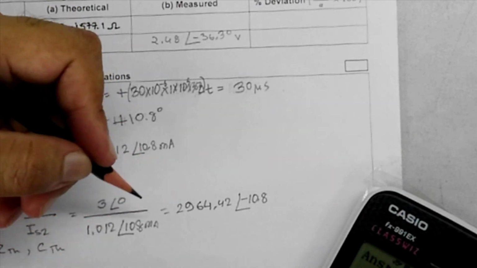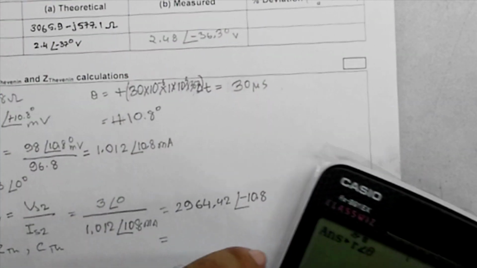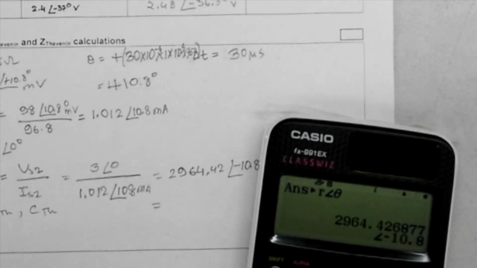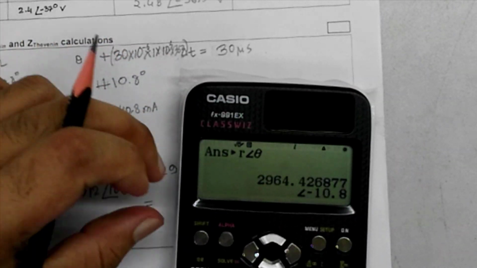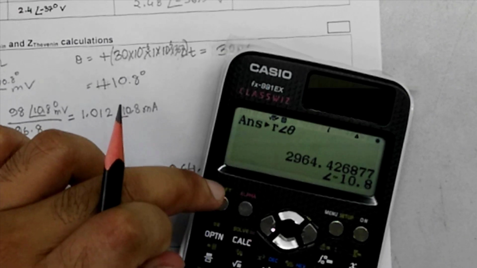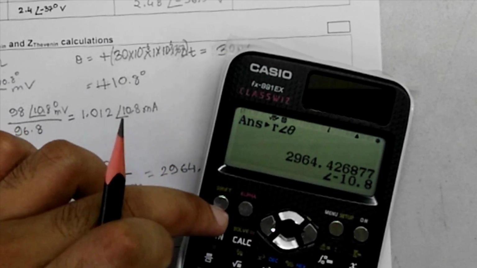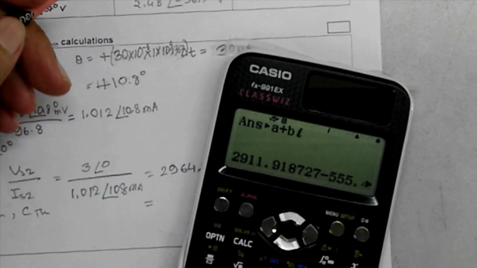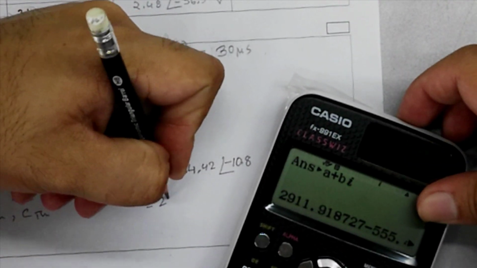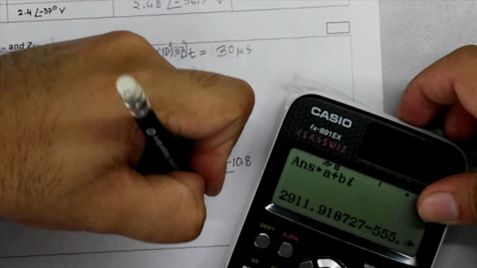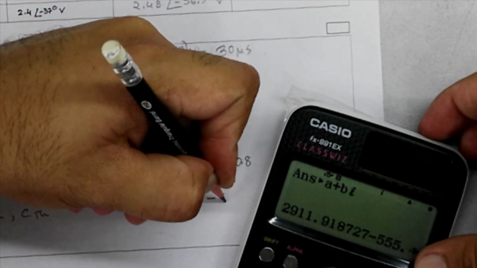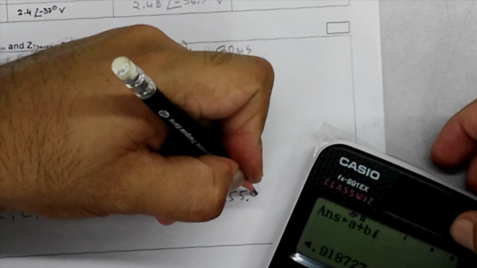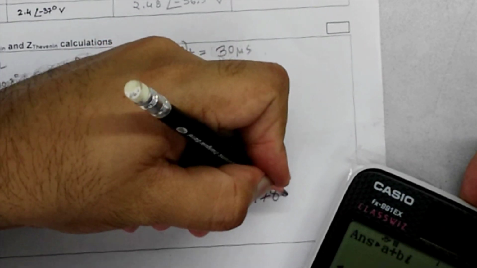So we have to convert this to rectangular form. So it's 2911.91 minus j555.478 ohms.